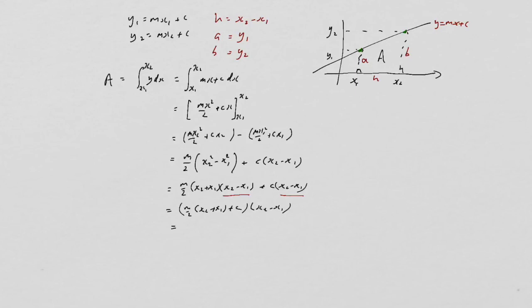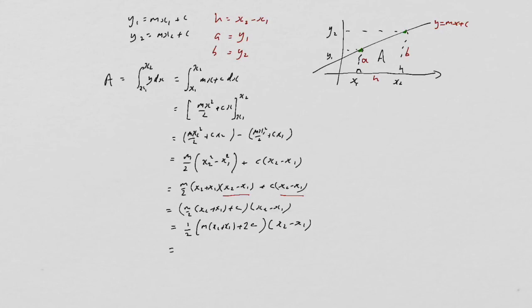And now we can take a half out. Got to be a little bit careful, because whilst that leaves us with m times (x2 plus x1), we must remember to say that we now have two lots of c. There's our x2 minus x1.